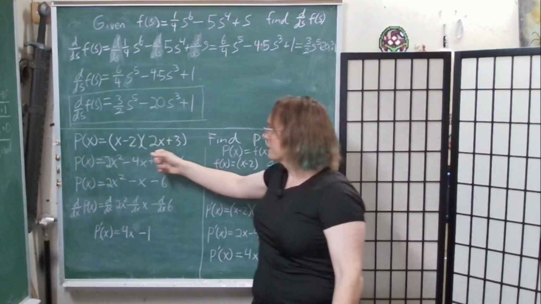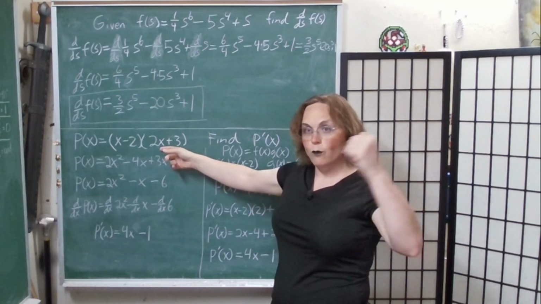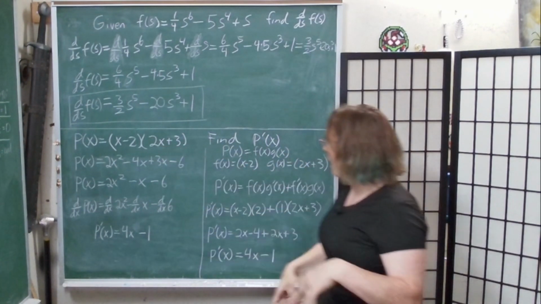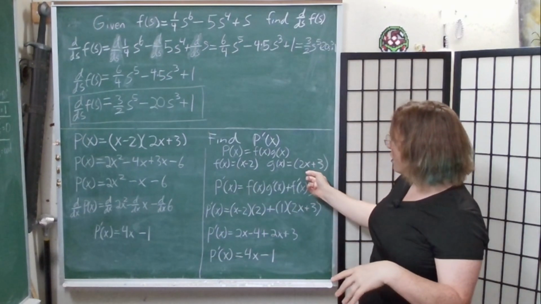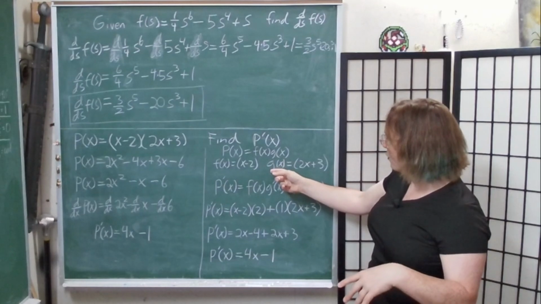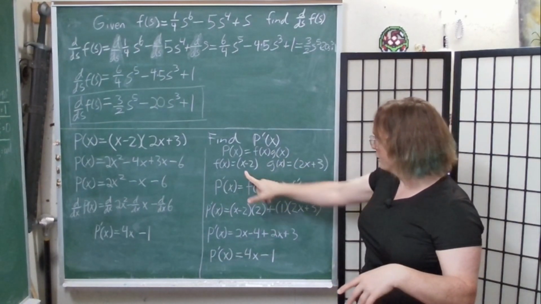My first function times my second function. And in this one it's very easy, but in one of the next ones, you'll see it's a little trickier on how those go, okay? And so I've got my f of x and my g of x, so now when I'm taking my derivatives, it's very easy to see, well, the derivative of g of x is just 2, and the derivative of f of x is just 1.